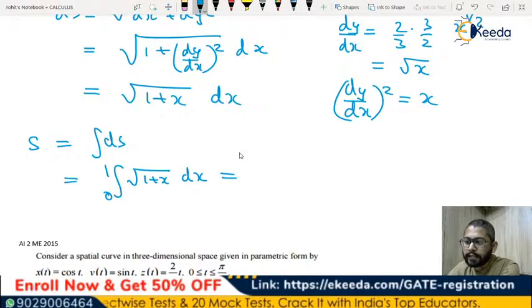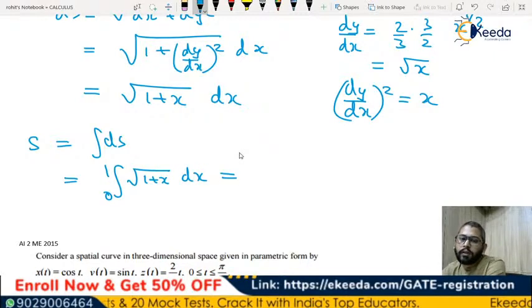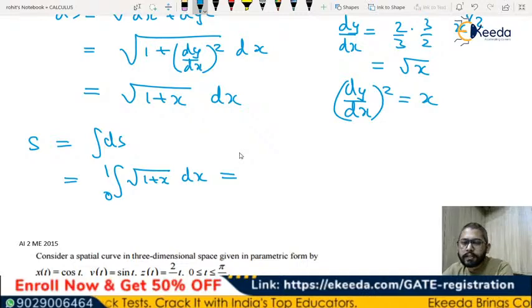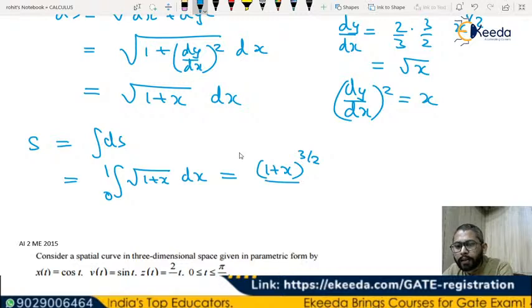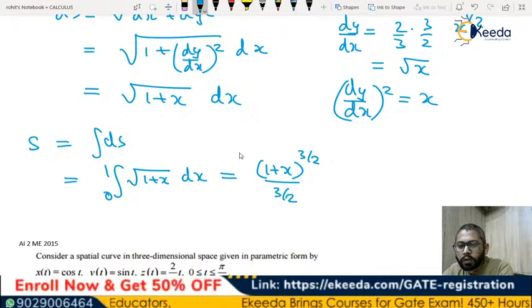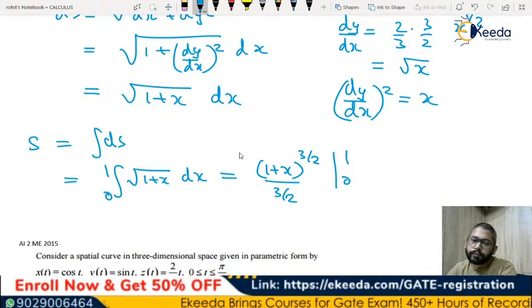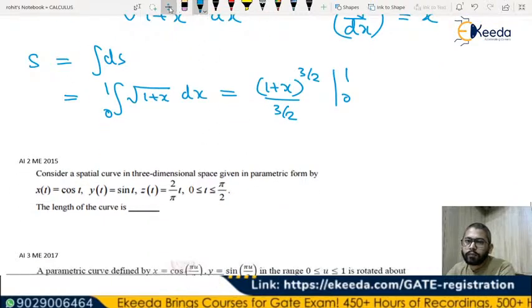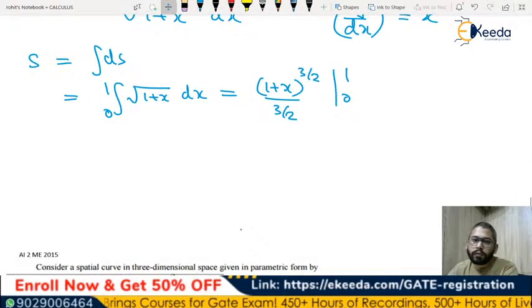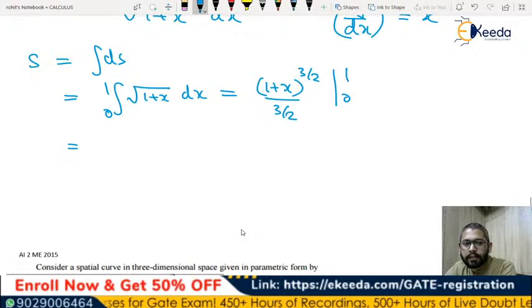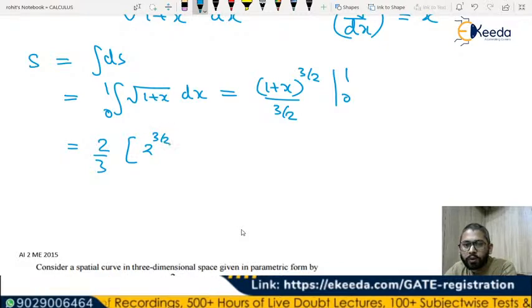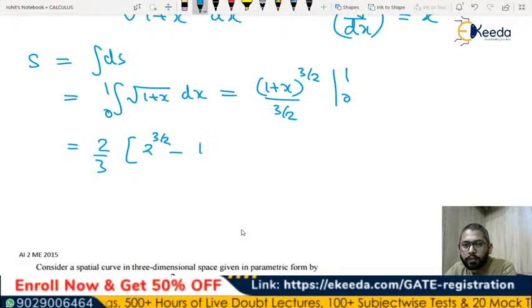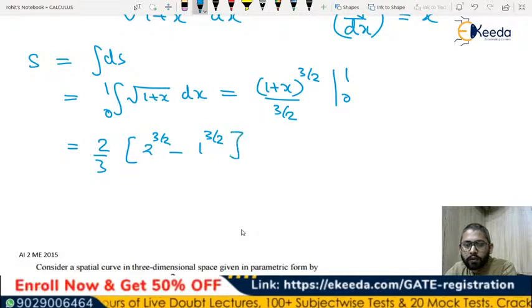This integration gives 1 plus x to the power of 3 by 2 divided by 3 by 2, with limits 0 to 1. So I'm writing it as 2 by 3. Putting 1, it will be 2 to the power of 3 by 2, and putting 0, it will be 1 to the power of 3 by 2. Find this value.